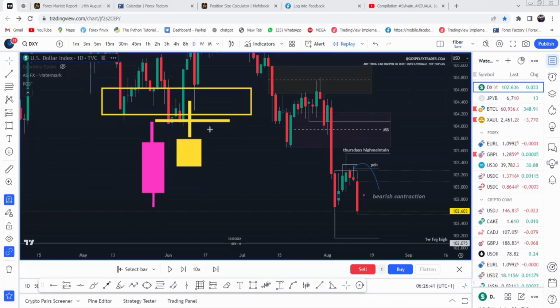This will help you a lot. If you're having a total sweep into a key level and then price trying to close below that level like it did here, this will add more confluence to your trade idea. It will increase the probability of your trade.